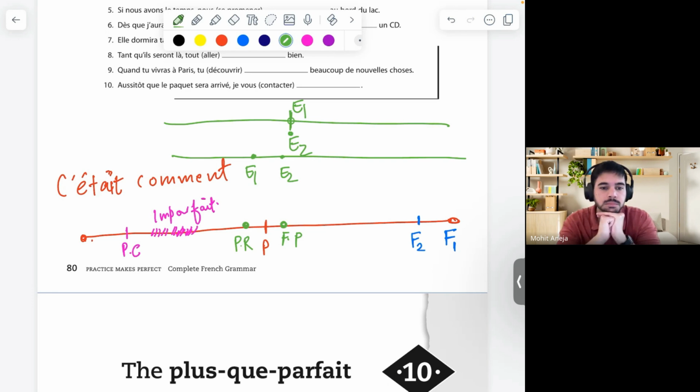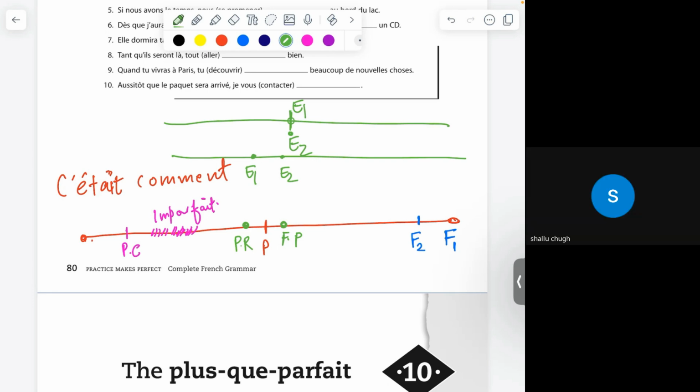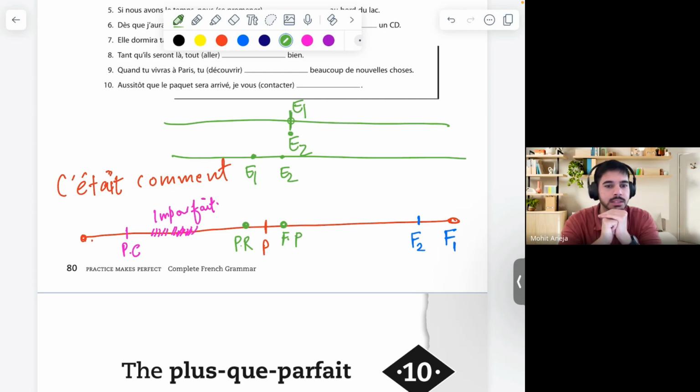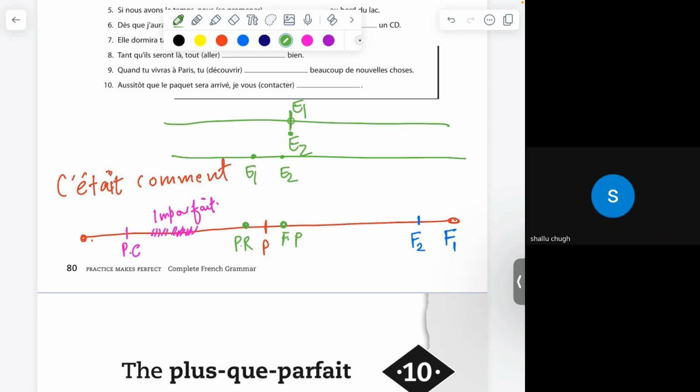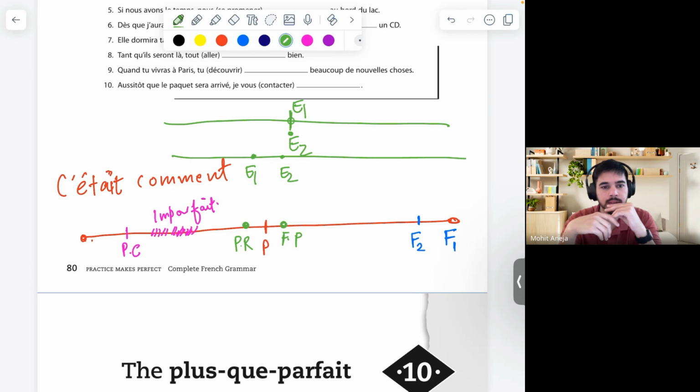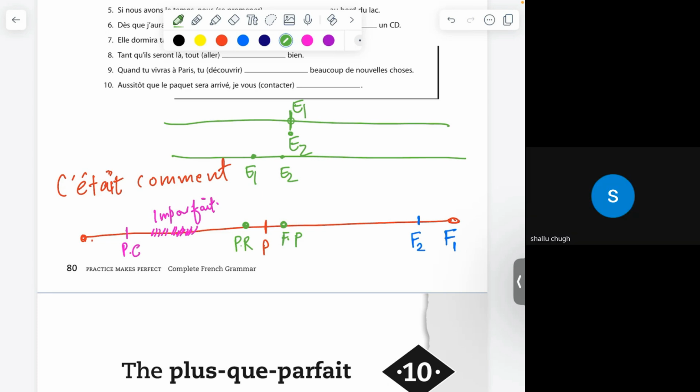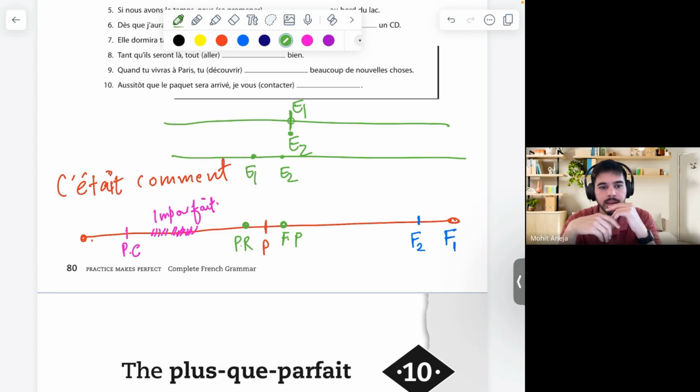Are you able to understand? What did I say? Okay, can you repeat it to me? What is the use case that we're discussing?